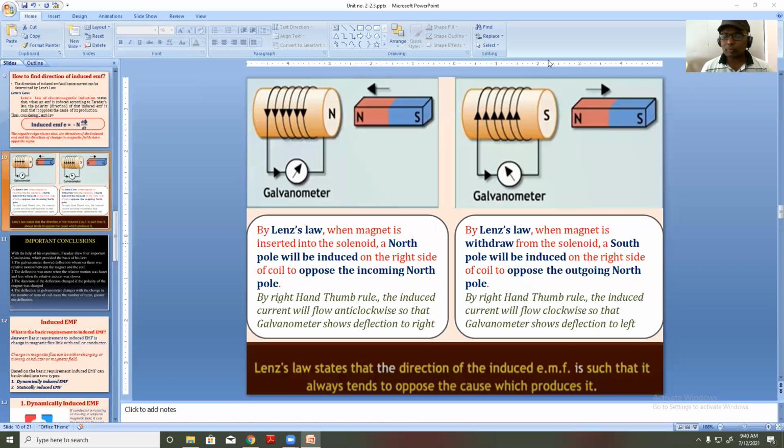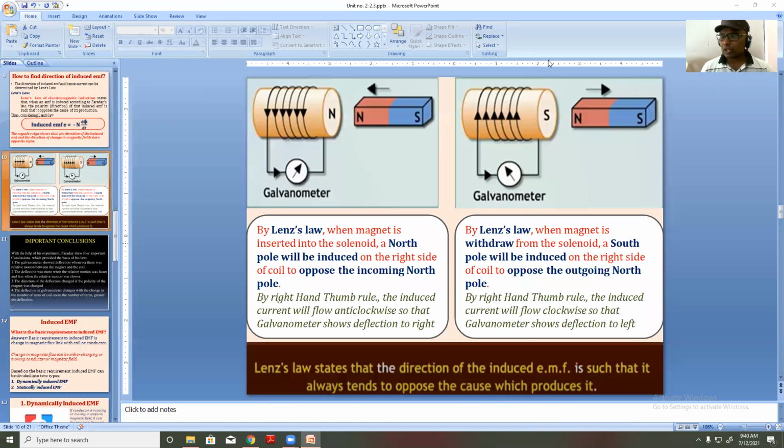This change in magnetic field is either the movement or change of a magnet or magnetic field, or the movement, change or rotation of a conductor. In both cases, according to Faraday's law, the EMF is induced.